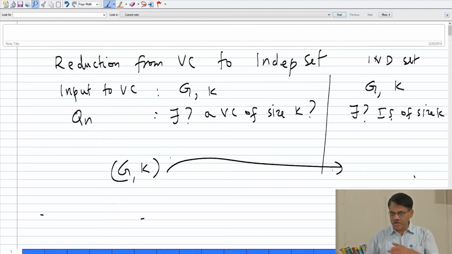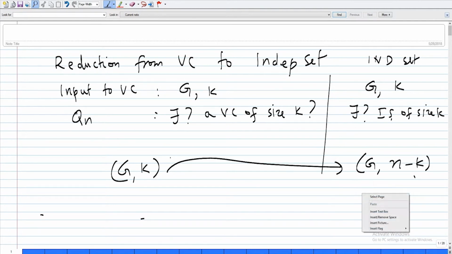Your complaint was you didn't change G at all, but somehow you changed the output. No, the input itself is G comma K, not just G. So, my transformation is G comma n minus K. Yes, I did not change G, but now I am asking a different question here. Is there an independent set of size n minus K? That is my reduction.